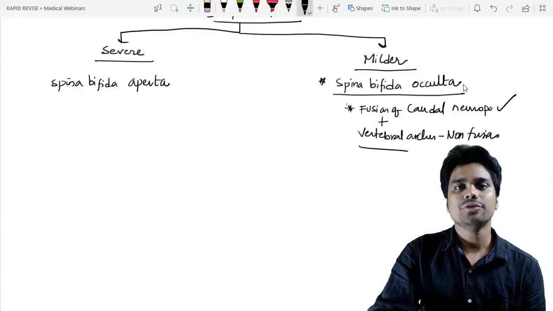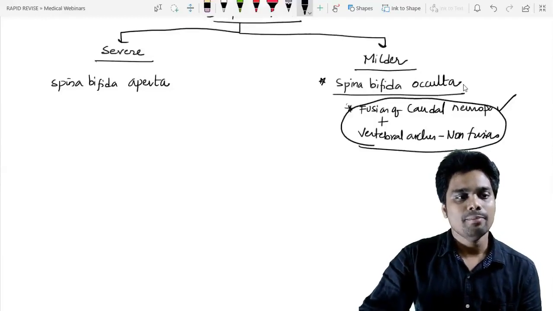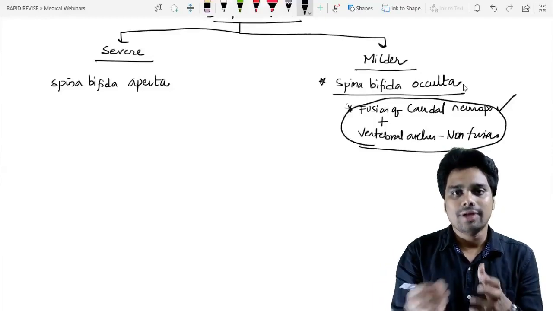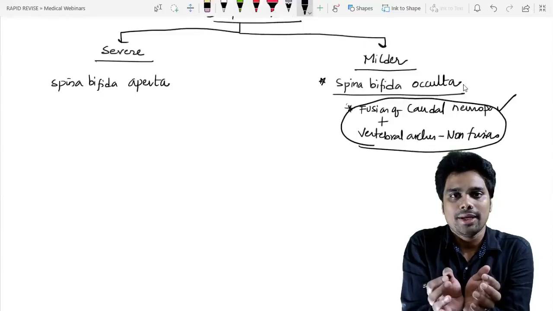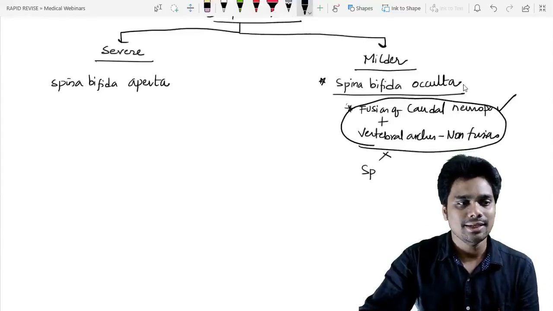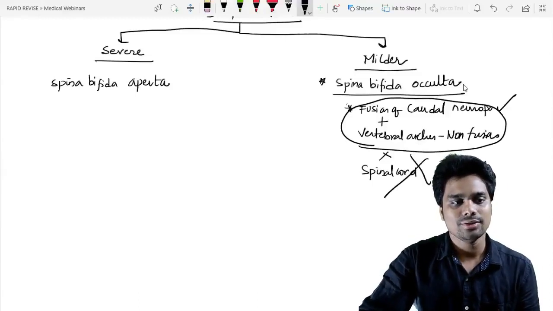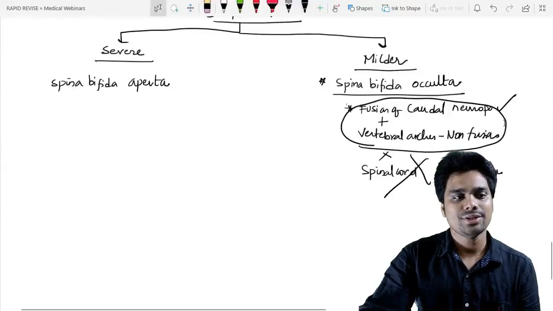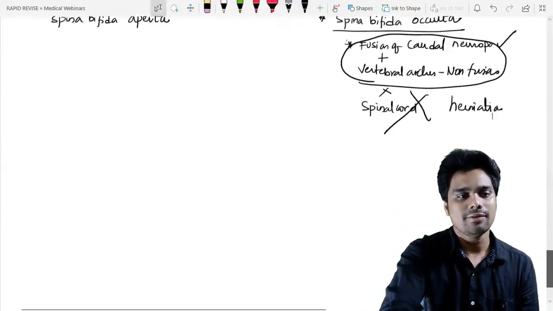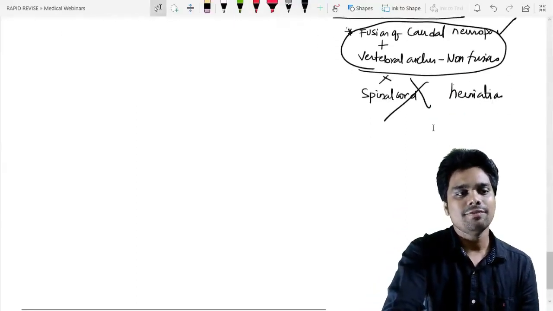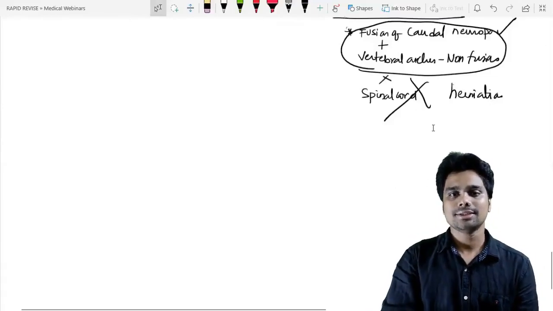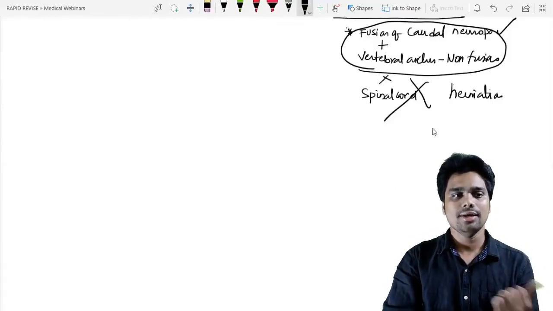But this non-fusion is mild, and in most cases, even though the vertebral arch is not fused properly, the spinal cord or meninges covering the spinal cord still do not herniate here. So there is no question of herniation. In spina bifida occulta, only there is defective fusion of vertebral arches. There is no herniation at all.